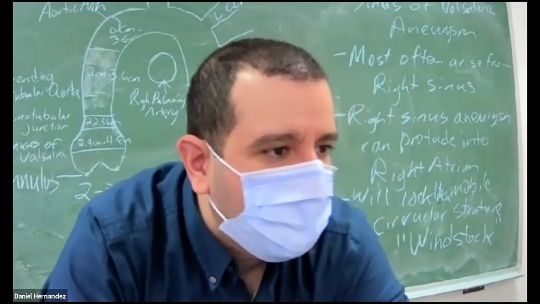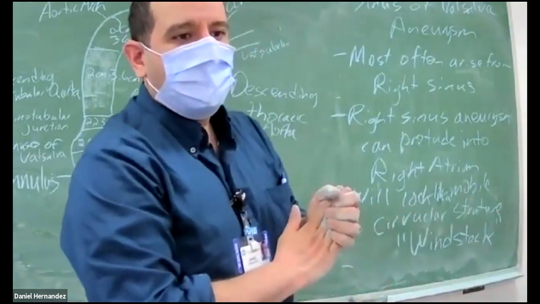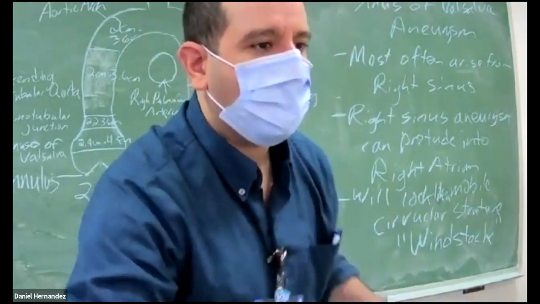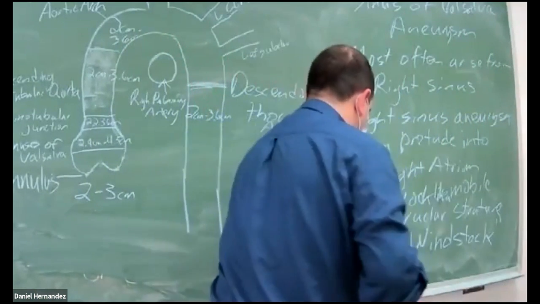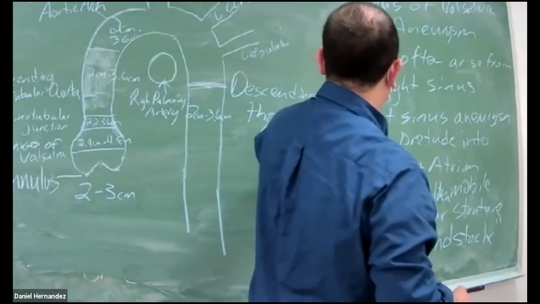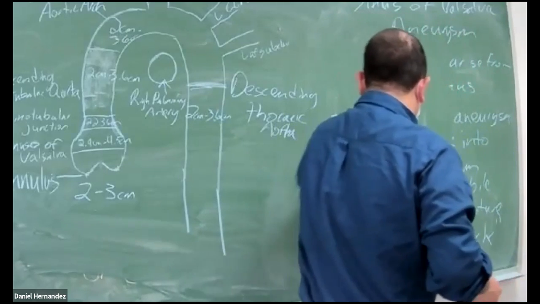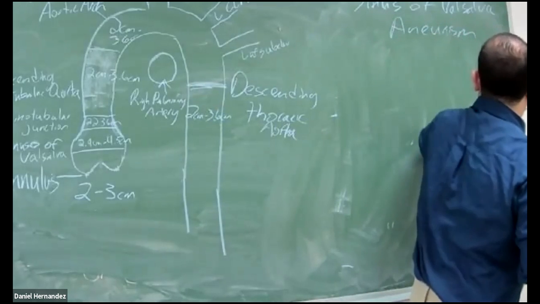So a non-coronary sinus aneurysm can dissect inferiorly into the IVS, interventricular septum. Sinus of Valsalva aneurysms most often arise from the right sinus.